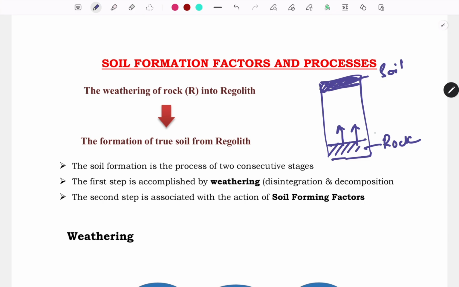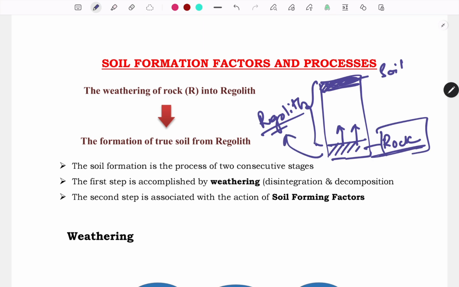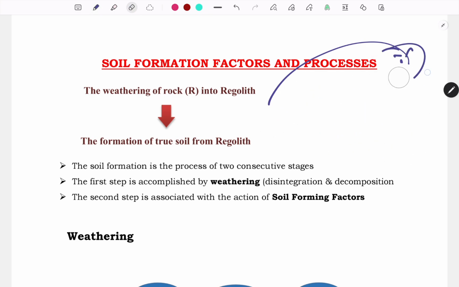Gradually rocks get weathered and form into soil, and this portion is called regolith. So first the parent material, that is rock, gets converted into regolith, then the regolith converts into soil. I hope you get the point.